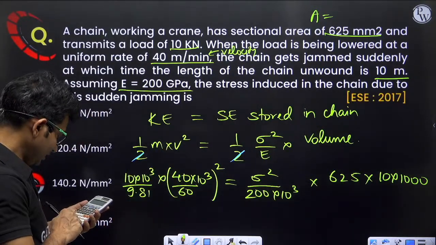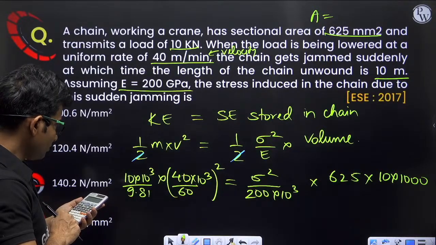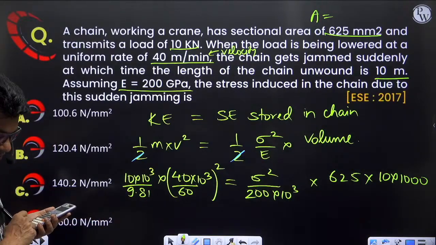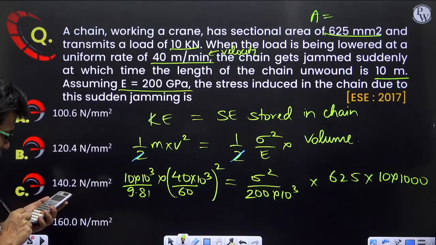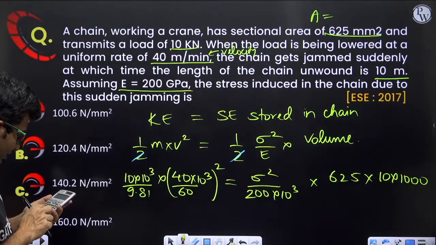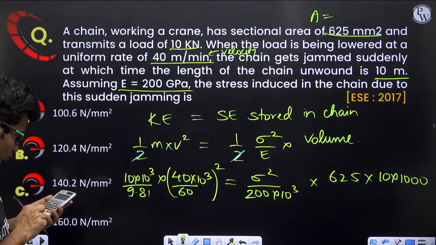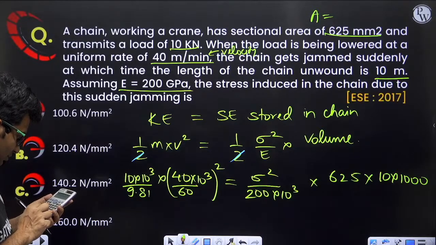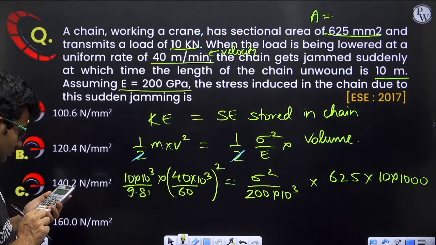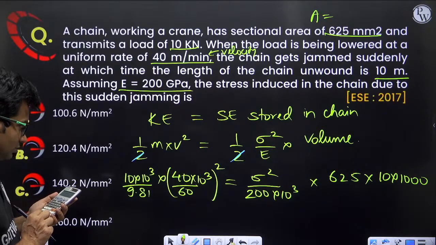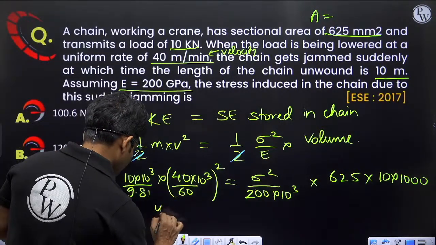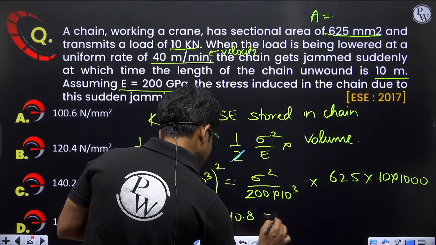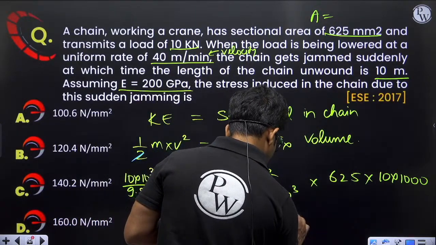Okay, so 10, a large value is coming, I think. So 10 into 10 to the power 3 divided by 9.81 into 40 into 10 to the power 3 divided by 60 whole square. Okay, so this is 4530524440.8, equal to sigma square into something.